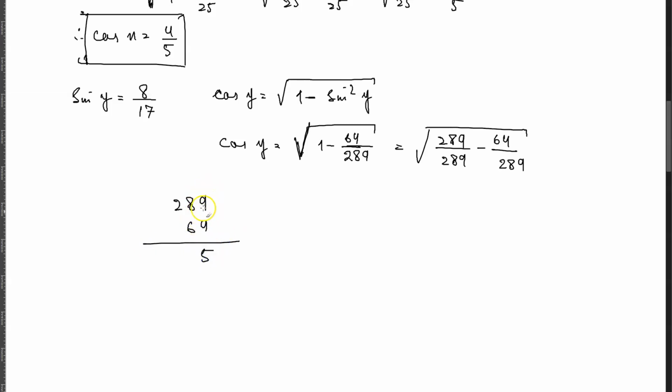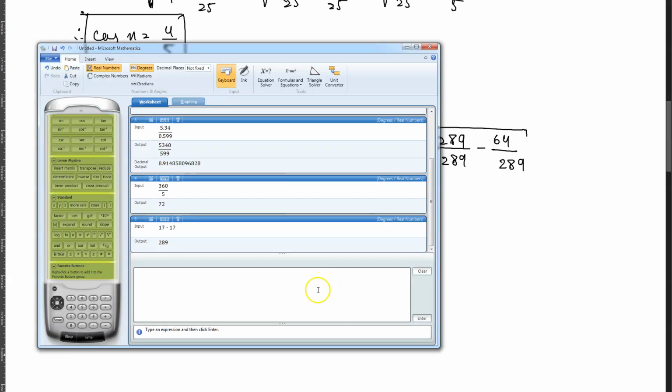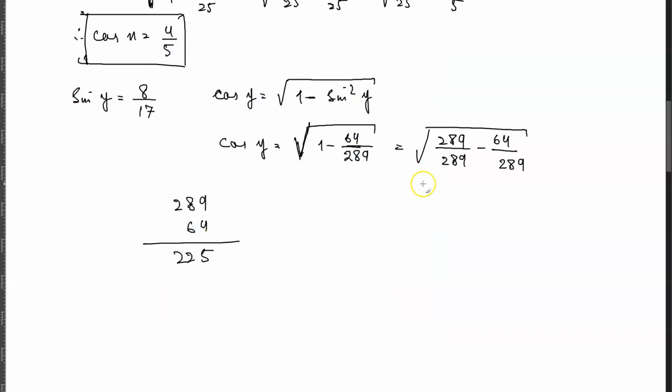That's a 5, and that's 225, and I think this is 15 squared. 15 squared is equal to 225. So this is equal to the square root of 225 by 289, which is equal to 15 by 17.